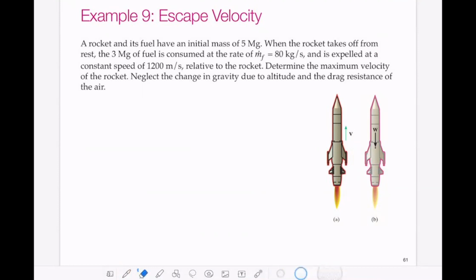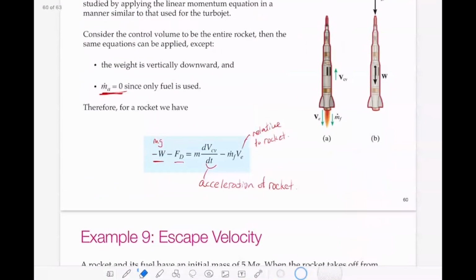So if we were to solve this problem realistically, these rockets are traveling so far that the effects of gravity on our weight term here changes with altitude. So this term here would change with our altitude.